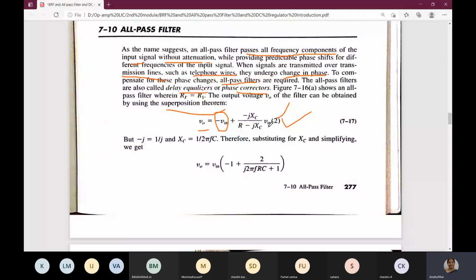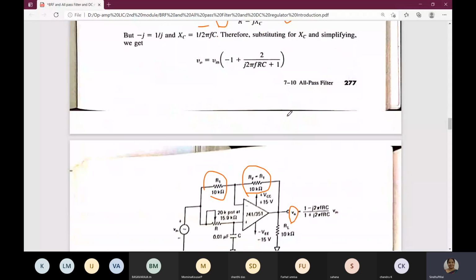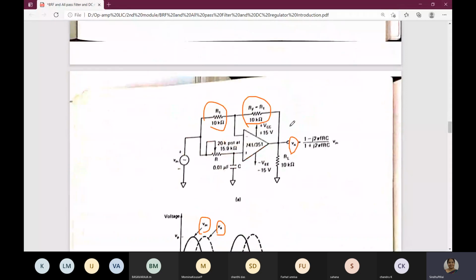Again, for the inverting terminal the gain is minus RF by R1, and for the non-inverting terminal the gain is 1 plus RF by R1. Here we take unity gain by making the feedback resistors the same. We take all as 10 kilo ohm, so it has unity gain.